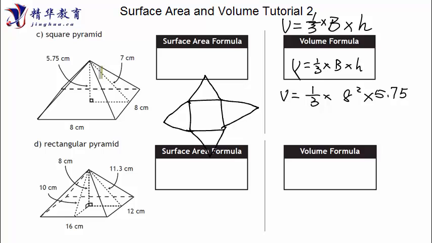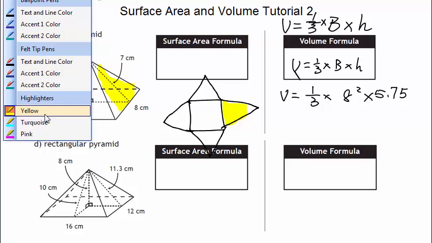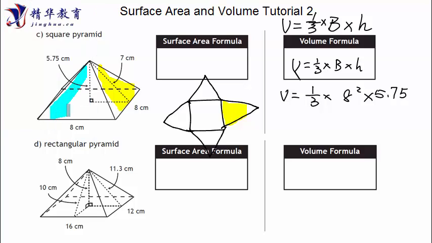Think about this. This triangle part is going to equal this part, and the other triangle part is going to equal this part. Can you imagine that? On this side you can really see this part, and then the back triangle will be this part, and the base is still in the middle, the square.